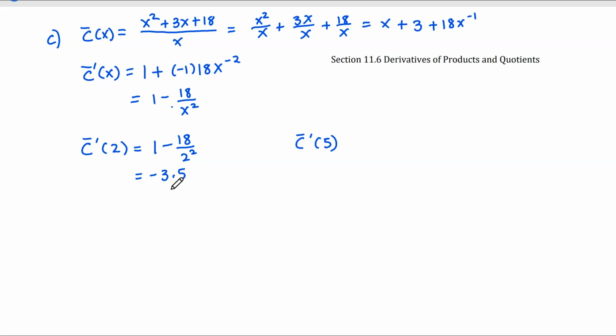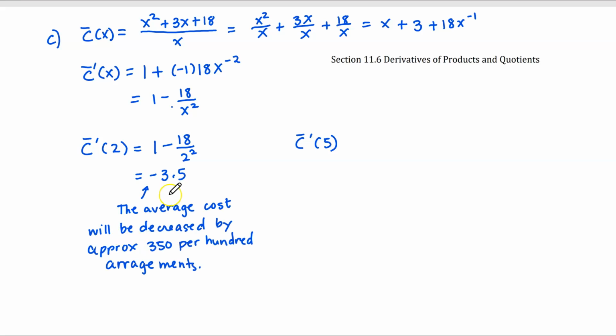Then 3.5 will be multiplied by 100 because this is in hundreds of dollars. So if you interpret this, you would say that the average cost will be decreased by approximately $350 per 100 arrangements.